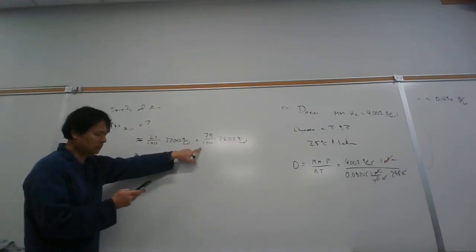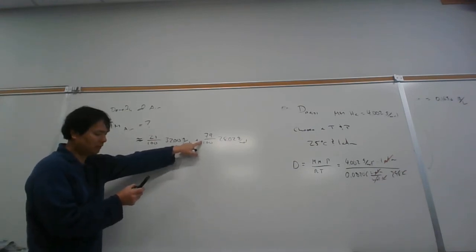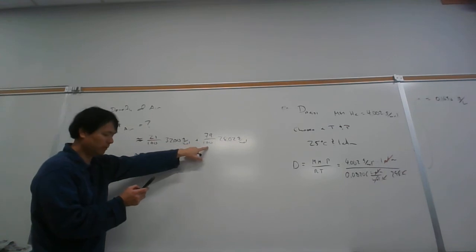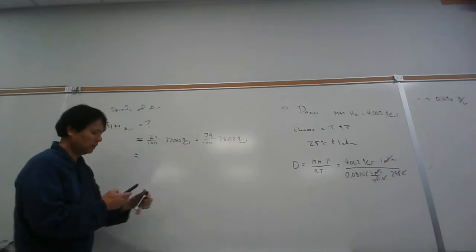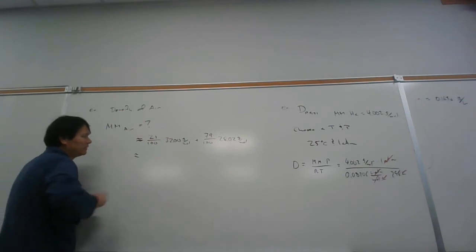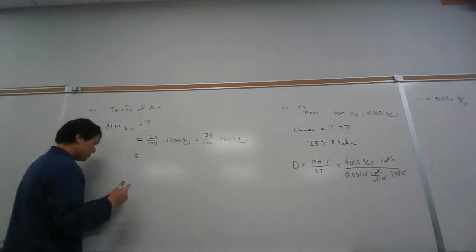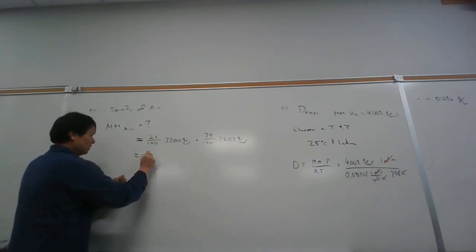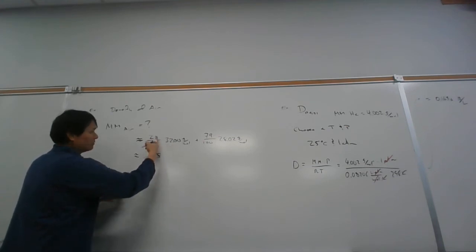And then plus 0.79 times 28.02. And so the effective molar mass of air, if you averaged all the molecules, so if I said 100 molecules, what's the average of that? It's going to be 28.8. Okay, how many sig figs am I allowed?